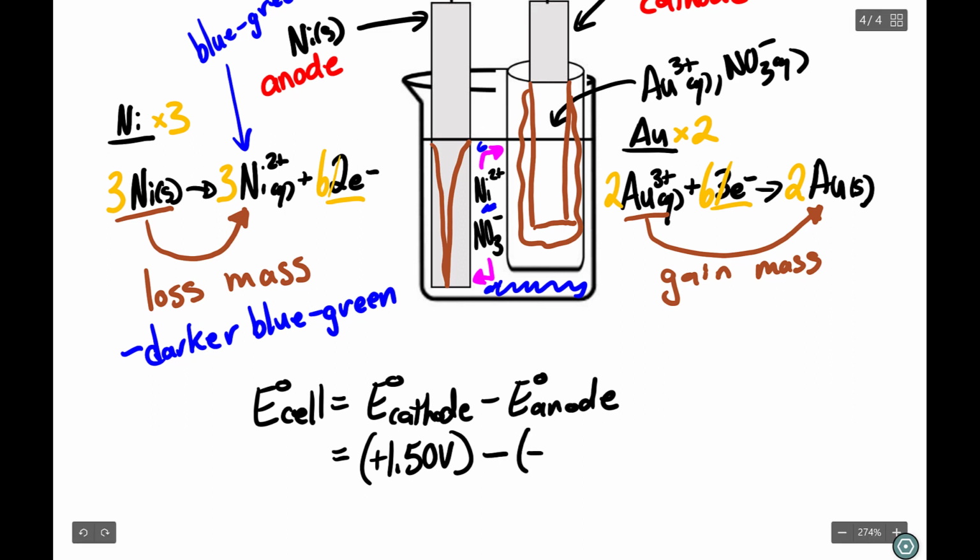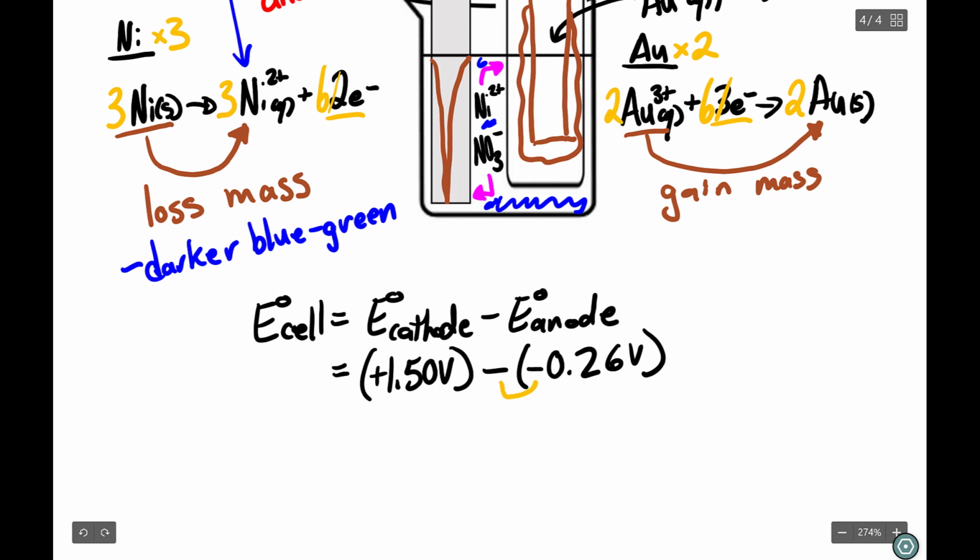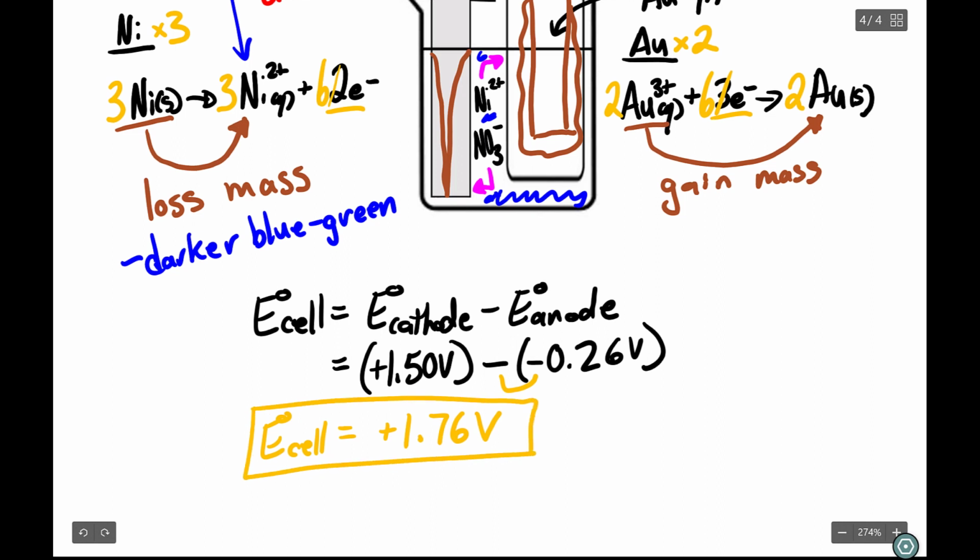And now that's minus a negative 0.26 volts. The negative makes it a positive. And so our final electric potential for the cell is going to be a positive 1.76 volts. There is my net cell potential.